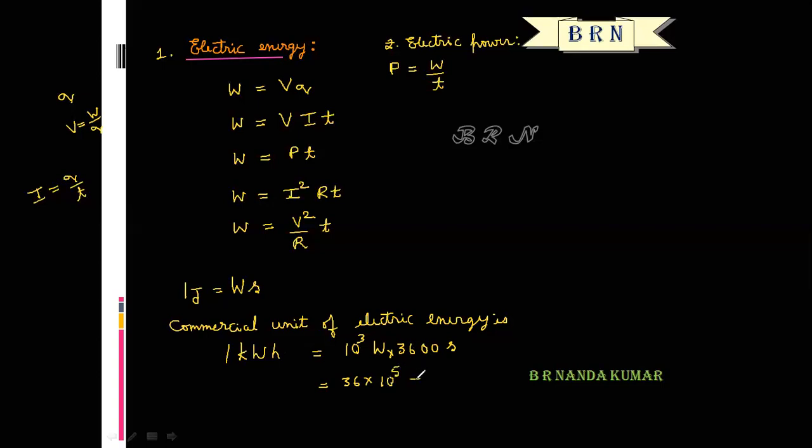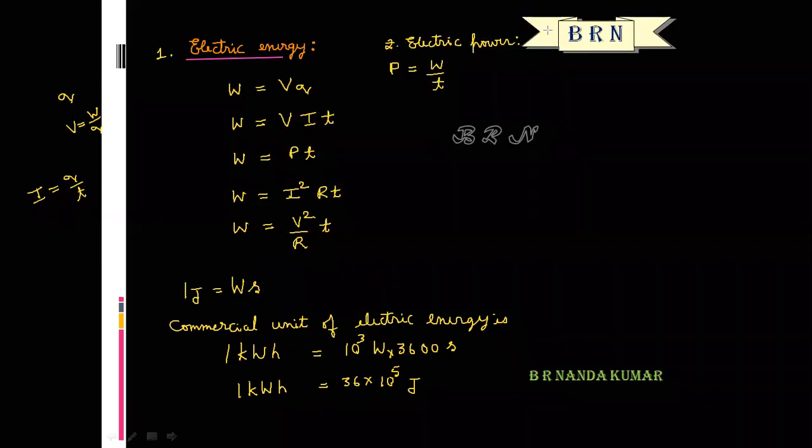Watt second means joule. So this is the value of 1 kilowatt hour, which is very, very important for CET.